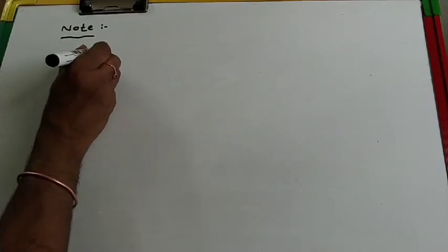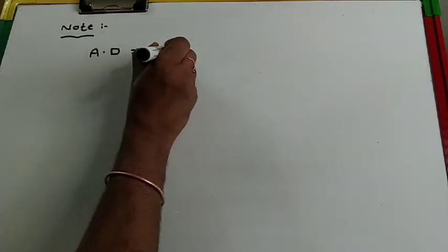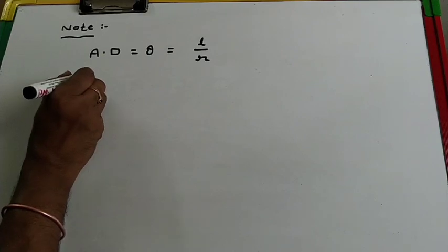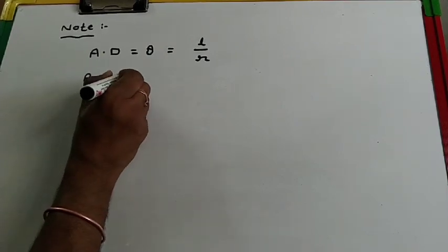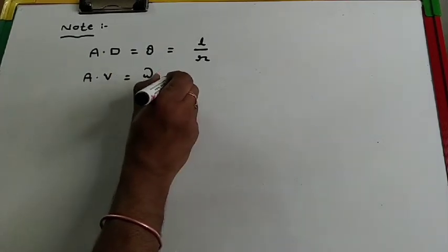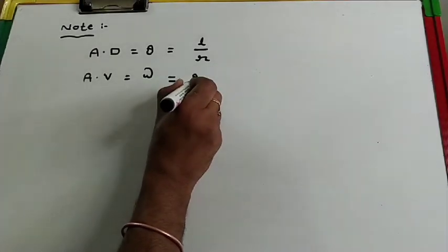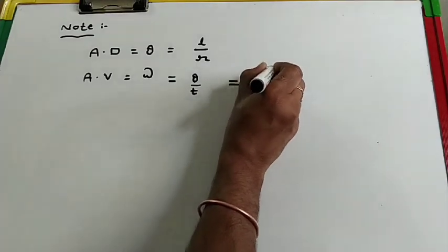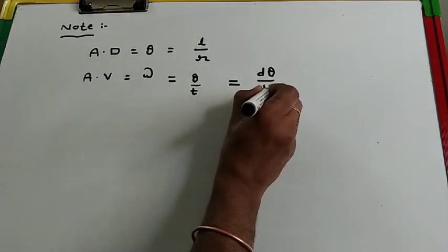Therefore, once again note, angular displacement is equal to theta, that is equal to L by R, and angular velocity is equal to omega, that is equal to theta by T, and also we can write it as d theta by dt.